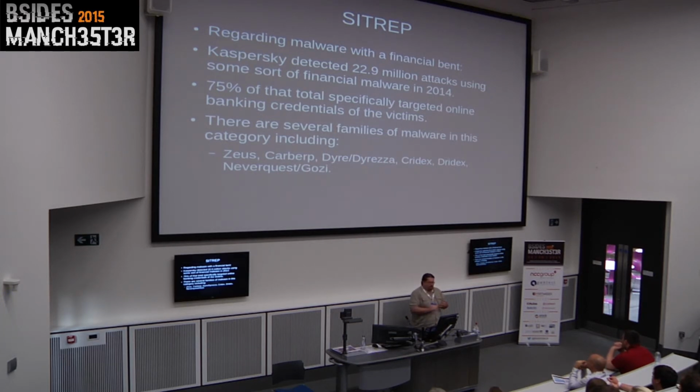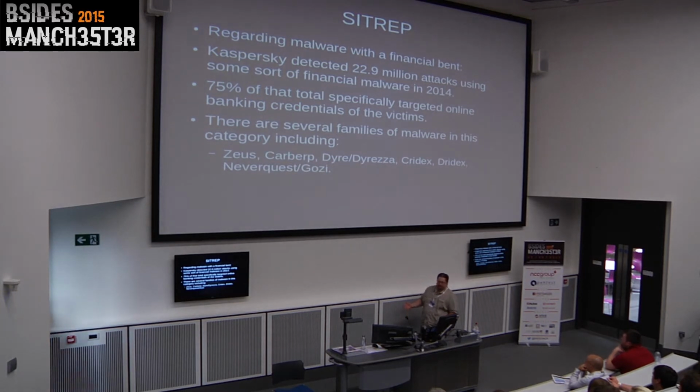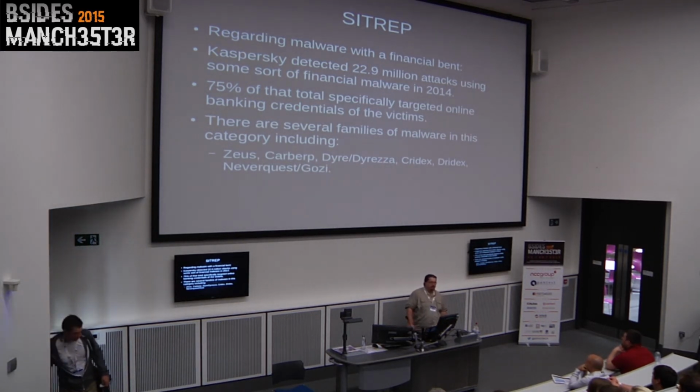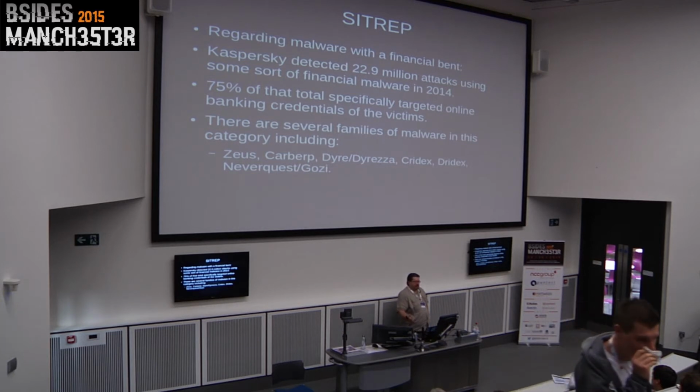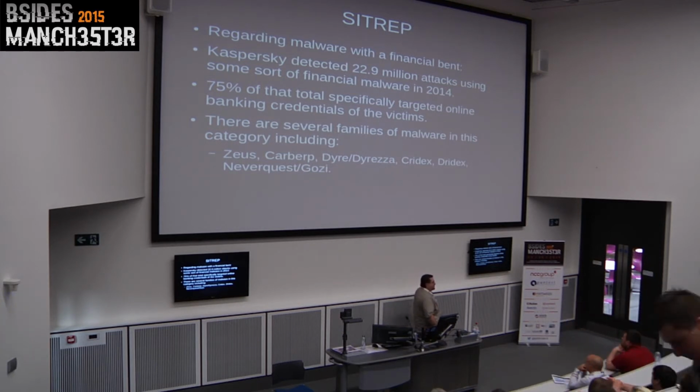Now, there are as many families of this type of malware as there are stars in the sky. But some of the more famous are Zeus, Carberp, Dyre, Dridex, or NeverQuest, and Gozi. Some of you may or may not be aware that a few of these have had major takedown attempts done on them by law enforcement.